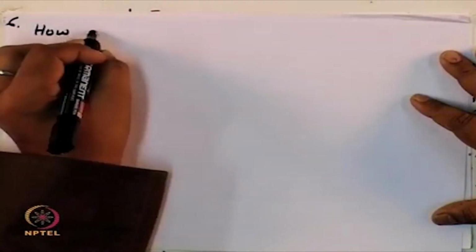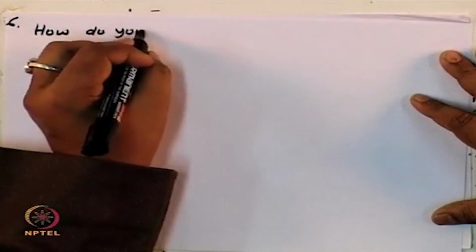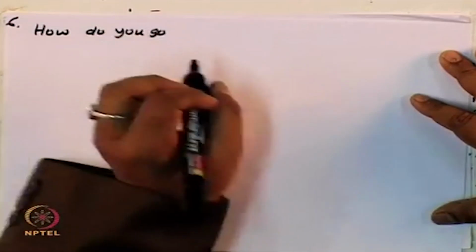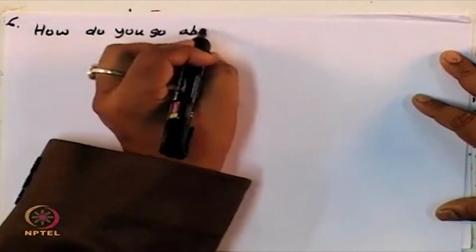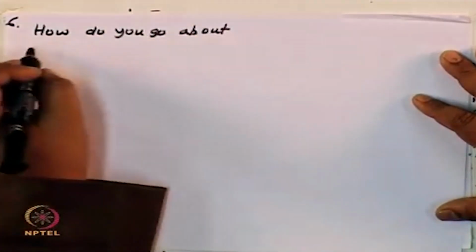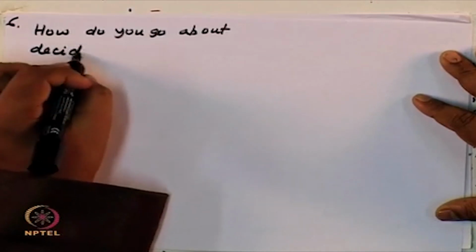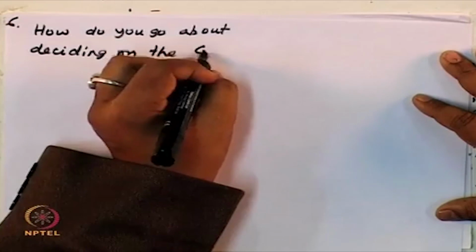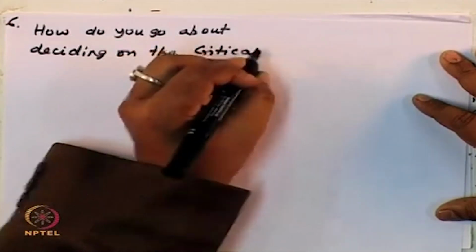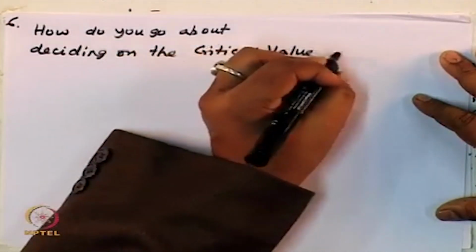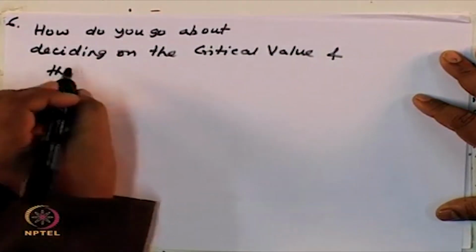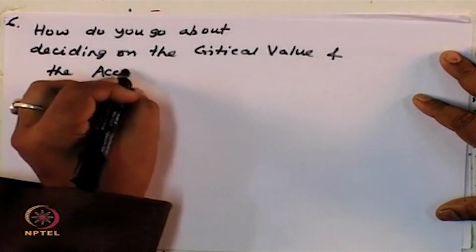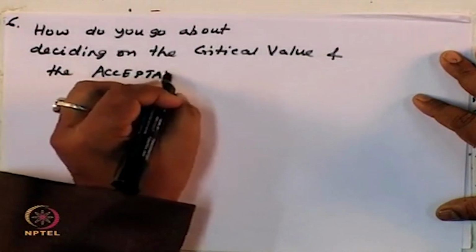Now, we want to see how you go about deciding on the critical value and the acceptance or rejection.